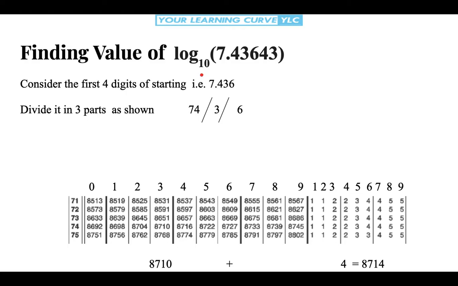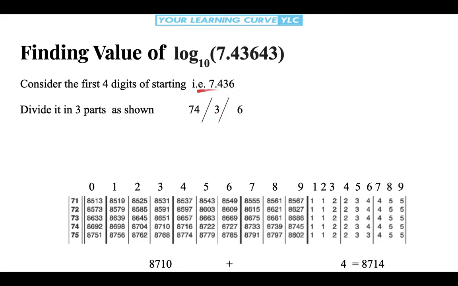Let's see how to find the log of 7.43643 to the base 10. We consider the first 4 digits of the number. Remember, this is why there is a correction in logarithmic calculations, because we are ignoring this 4 3. We write down these first 4 digits, 7436, and divide them into 3 parts.